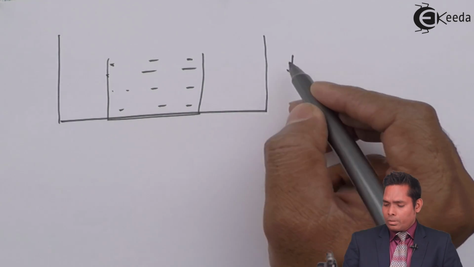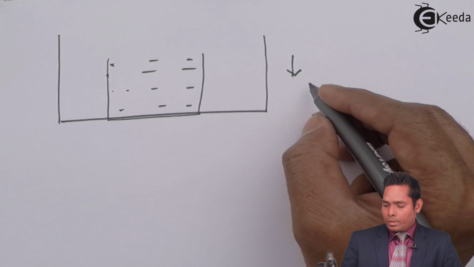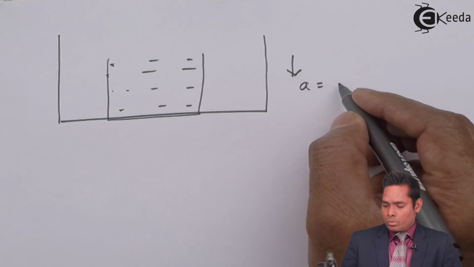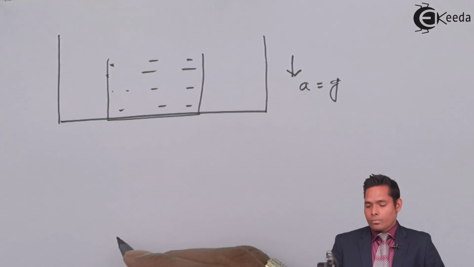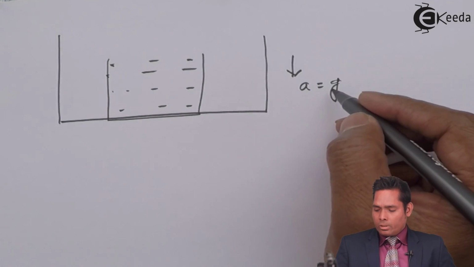If this lift falls vertically downward, that means acceleration equals g, the acceleration of the lift equals acceleration due to gravity.